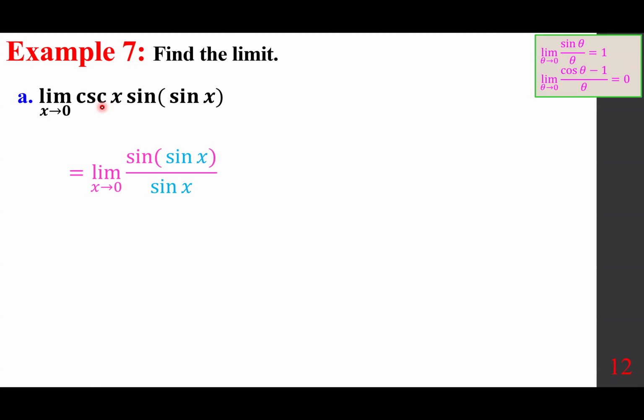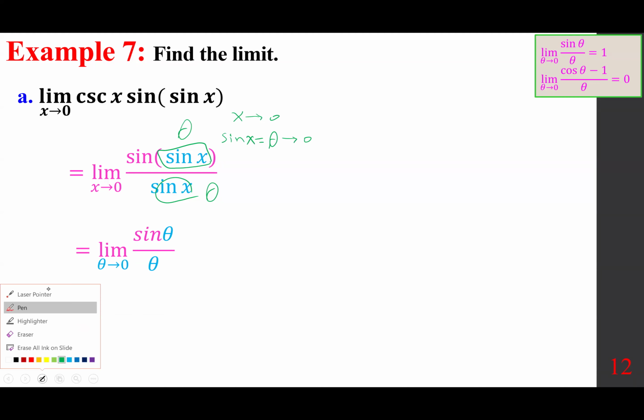So think about this. Let's say you let sine x be theta. Because x approaches 0, sine x equals theta also approaches 0, right? And the reason I'm writing it in this fashion is that these three must be identical for it to follow this rule, and we know this is 1.